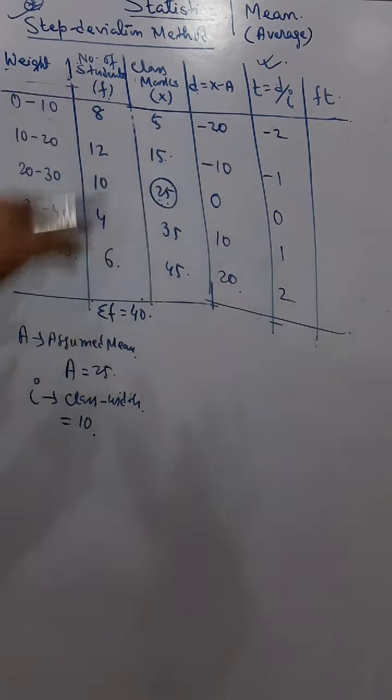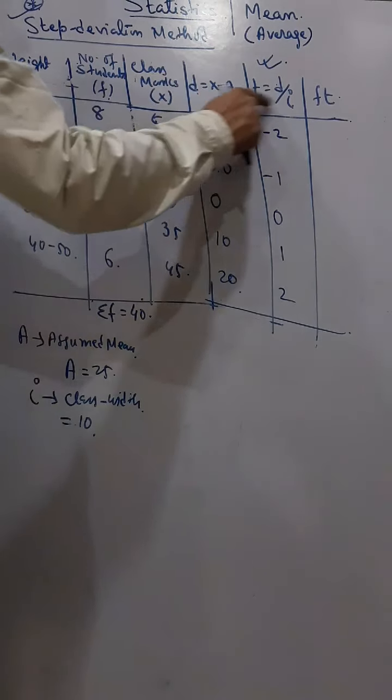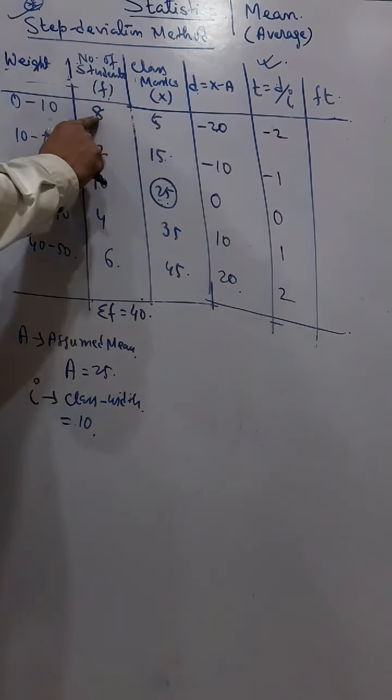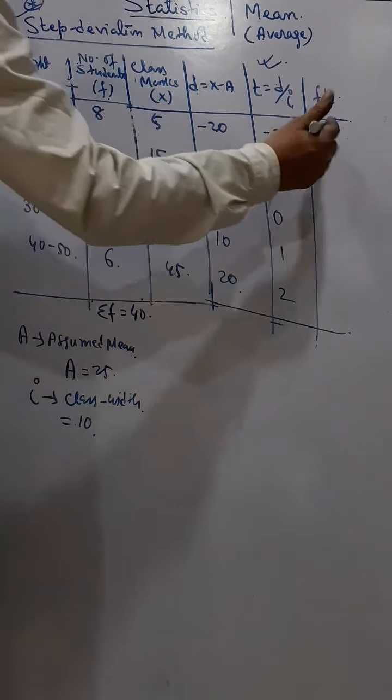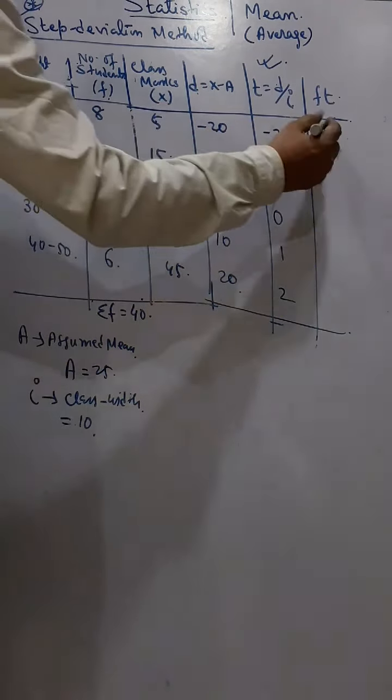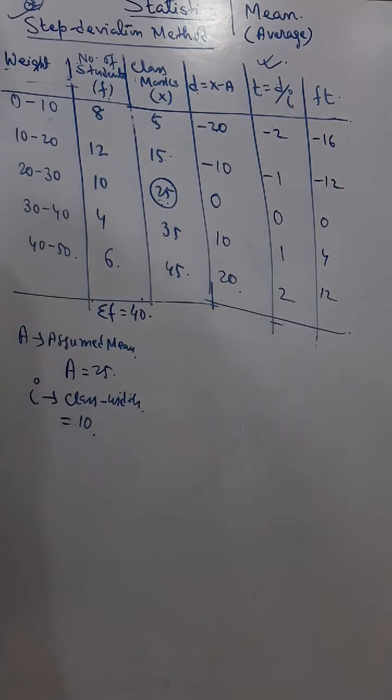Okay, so let's continue. We'll now get f into t. So this is f and this is t. So 8 into minus 2 is minus 16. 12 into minus 1 is minus 12. Then again 10 into 0 you get 0. 4 into 1 you get 4. And 6 into 2 you get 12.